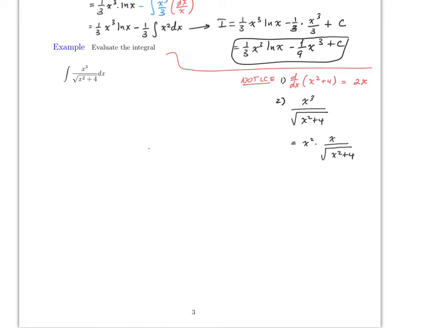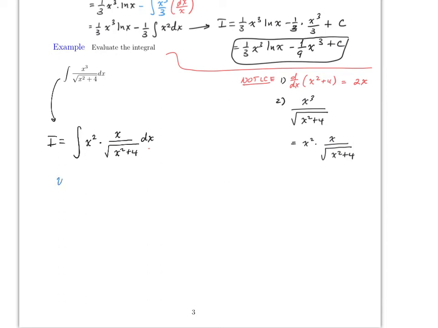Because now you can see the derivative of this will give you this, except for the 2. So therefore this one is easy to integrate, and this one will be easy to take the derivative. So therefore the integral, we can rewrite it as the integral of x squared times x over the square root of x squared plus 4 dx.